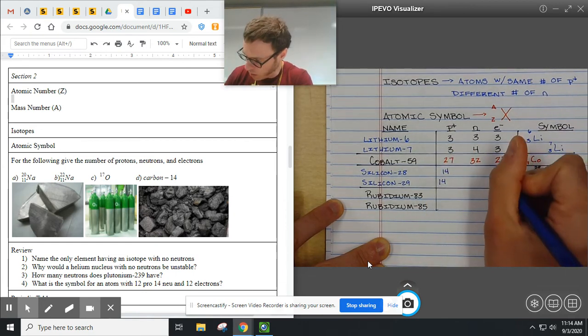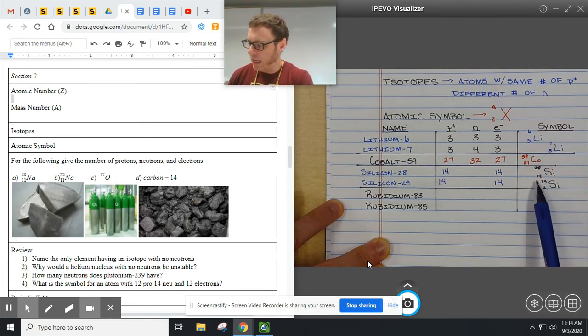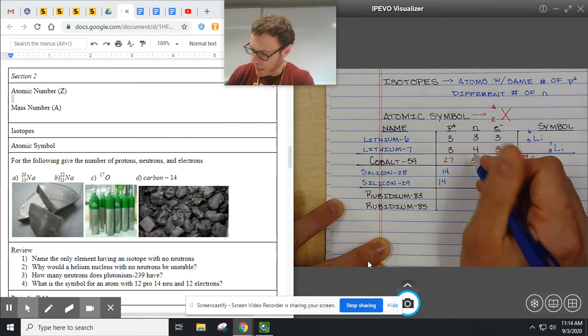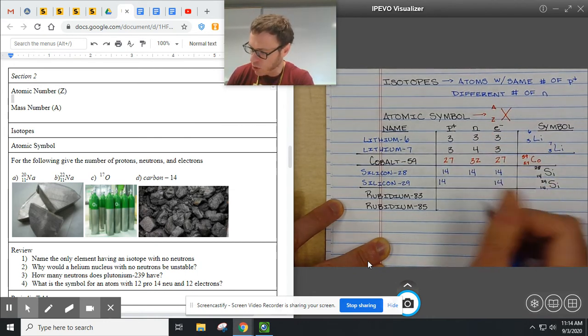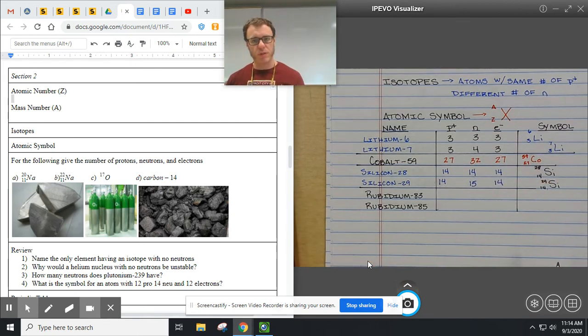I also know I'm going to have 14 electrons in both of them. Here, 28 minus 14 is 14, so there are 14 neutrons. 29 minus 14 is 15. These are two isotopes of silicon. What I'll let you do now is roll through these rubidium ones. If you're wondering where rubidium is, it's number 37 on the periodic table.